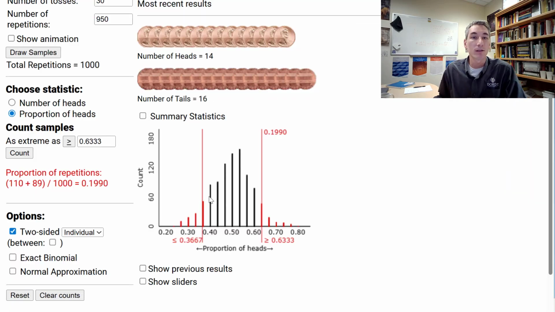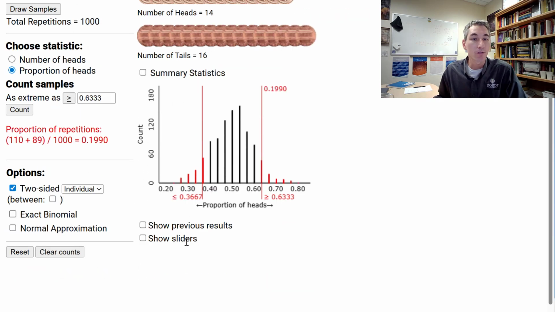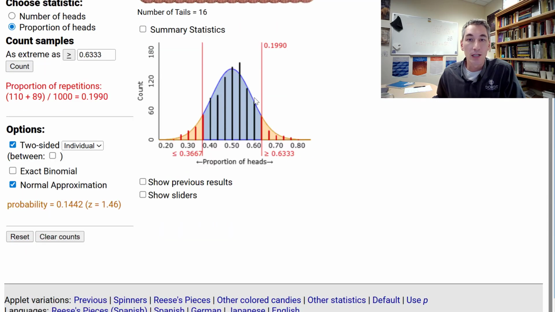So let's jump back to the applet here. And how do you do a theory-based test? You leave basically everything the same, and all you have to do is click this button right here that says normal approximation. That's what it means to do a theory-based test. And it will draw that normal distribution, and you'll see that our simulated distribution looks very similar to the normal distribution.